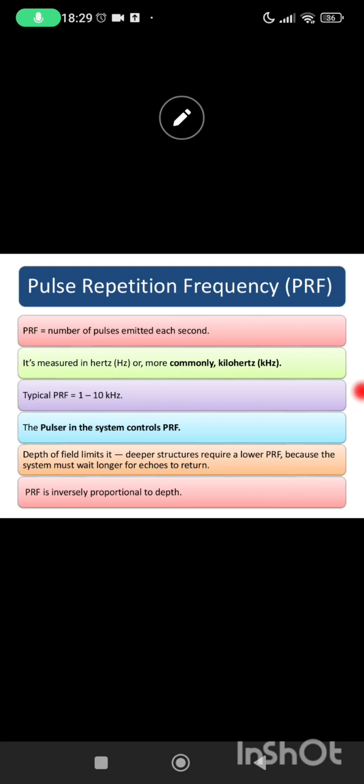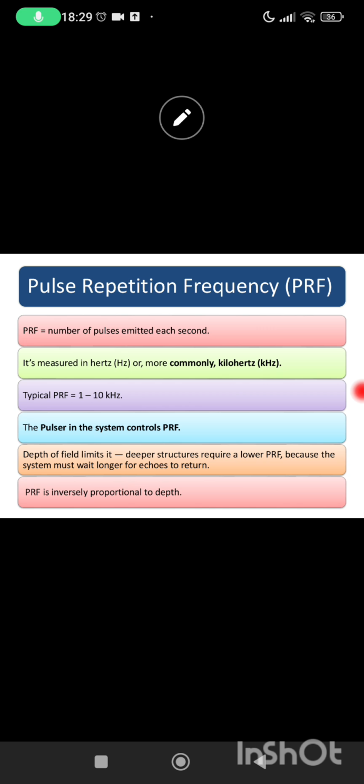Okay, now the next topic is pulse repetition frequency. What is the PRF? It's basically the number of pulses that we send per second. What is the unit of PRF?